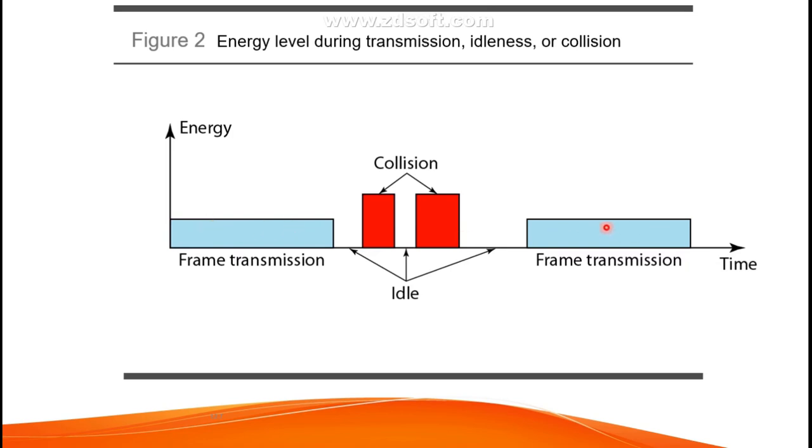At the abnormal value, it means there is a collision, and the energy level is almost twice the normal level. A station that has a frame to send, or is sending a frame, needs to monitor this energy level to determine whether your channel is idle, busy, or in collision mode.